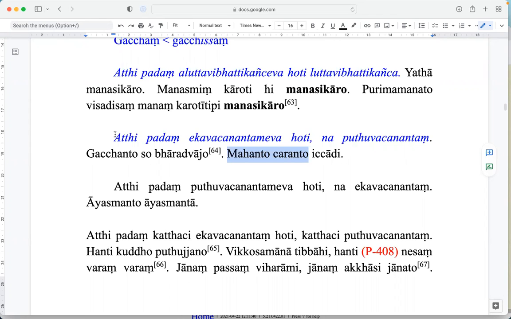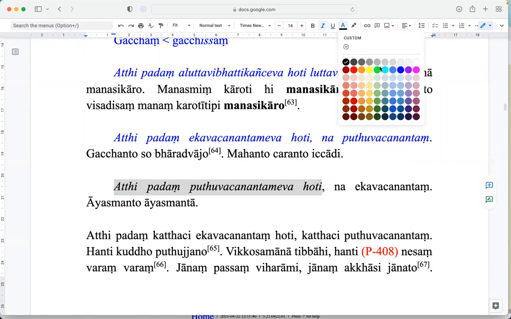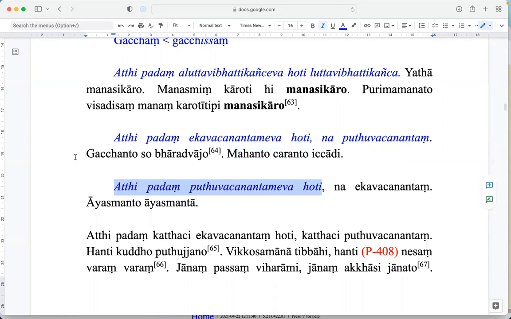Here gichando so bara dwajo: that Brahmin Bharadvaja is going.